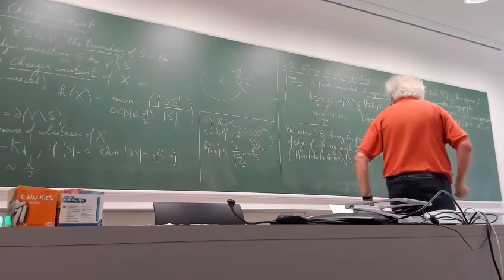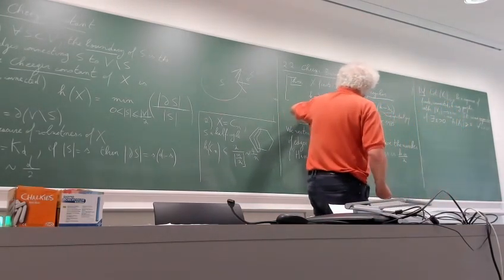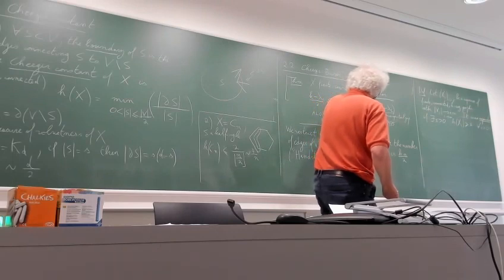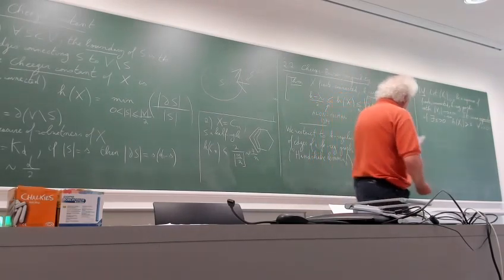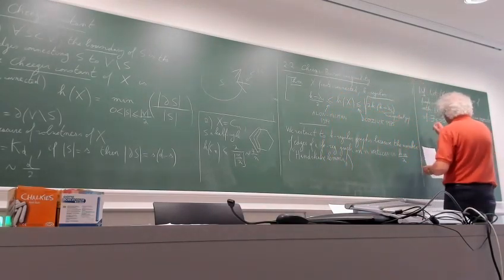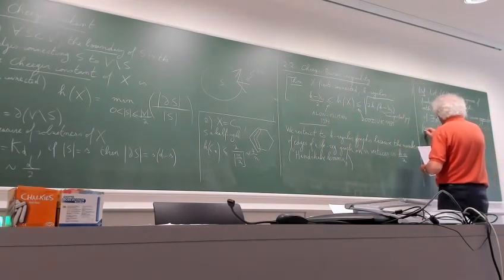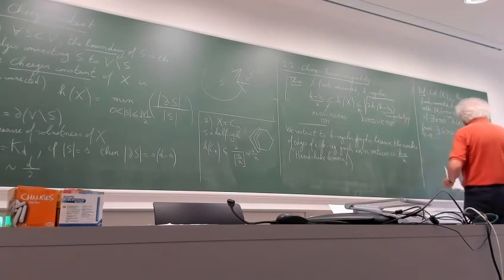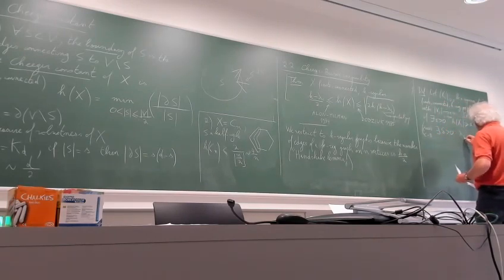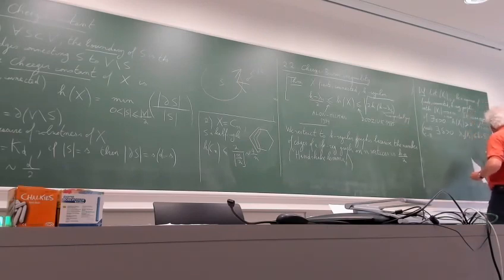And so this means that h(Xi) bounded away from 0 is equivalent to lambda 1 being bounded away from k. So like Cheeger-Buser, it's equivalent to the existence of some positive delta such that lambda 1 of Xi is less than k minus delta for every i.